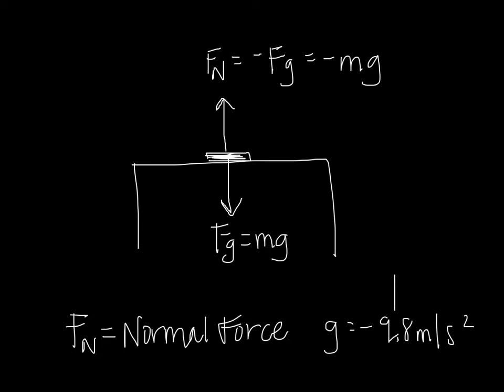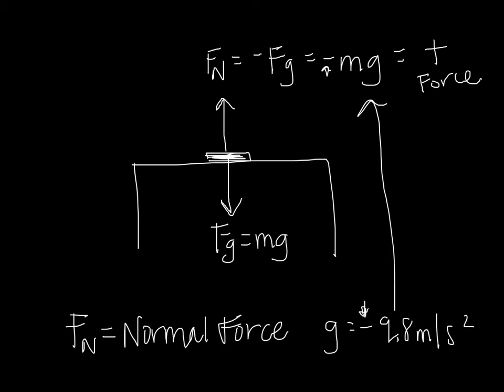So if we plug that into the normal force equation, this negative times this negative would end up making the normal force a positive force, as you can see by the direction of the force arrow or force vector.